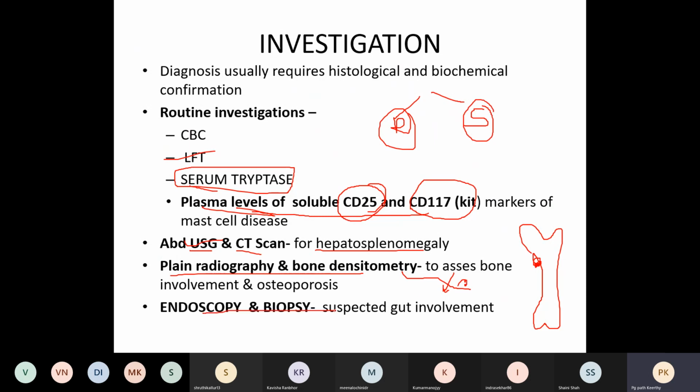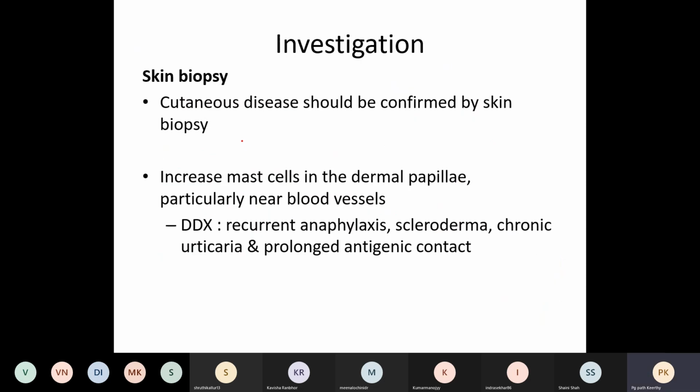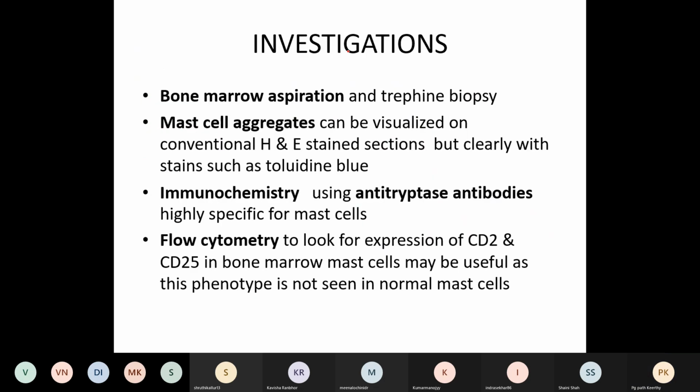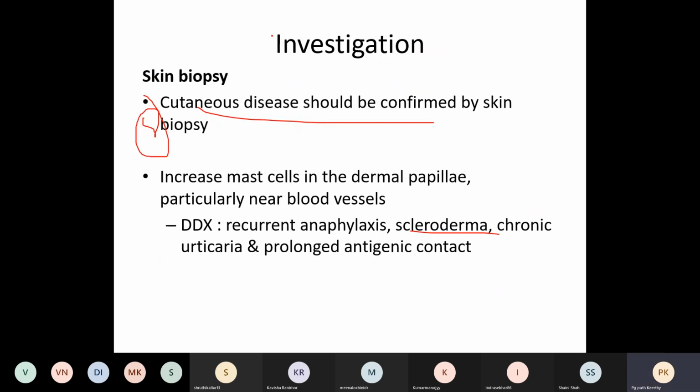To rule that out we go for endoscopy or biopsy. Then these are our specific tests like skin biopsy, because there are so many conditions like anaphylaxis and scleroderma that can mimic mastocytosis, as they are also allergic conditions, right? So what we do, we take a skin biopsy and we do IHC.